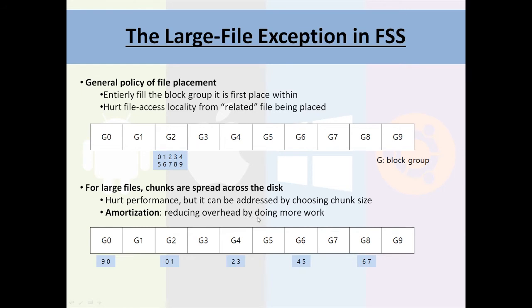The idea here is that we are reducing performance for the specific file, but overall, when we're loading, writing and reading from lots of different files within similar groups, then our performance is actually increased. So short term, for this file, performance is decreased, but overall performance for all files is increased. And that's what we mean by amortization.